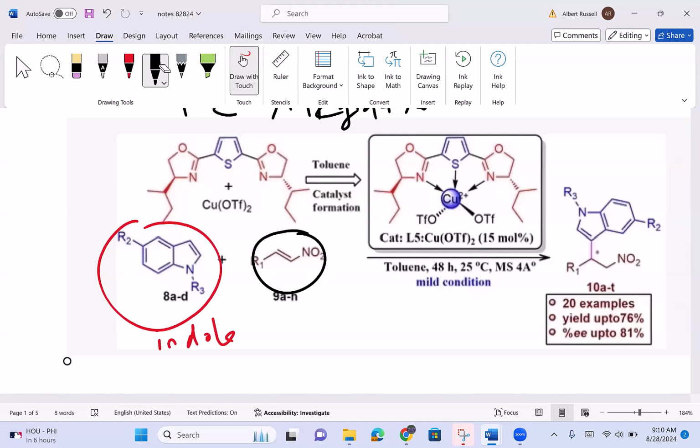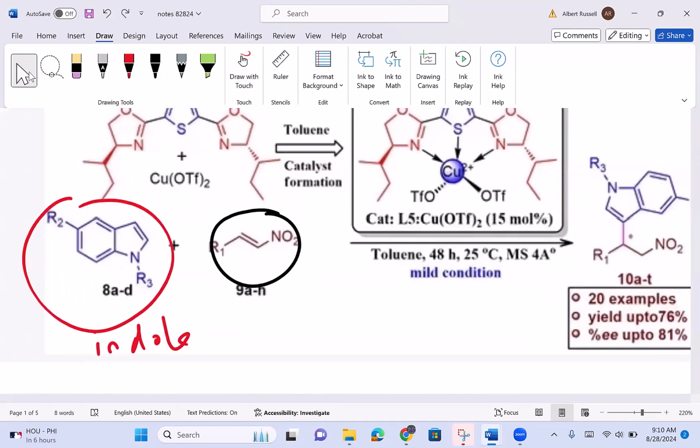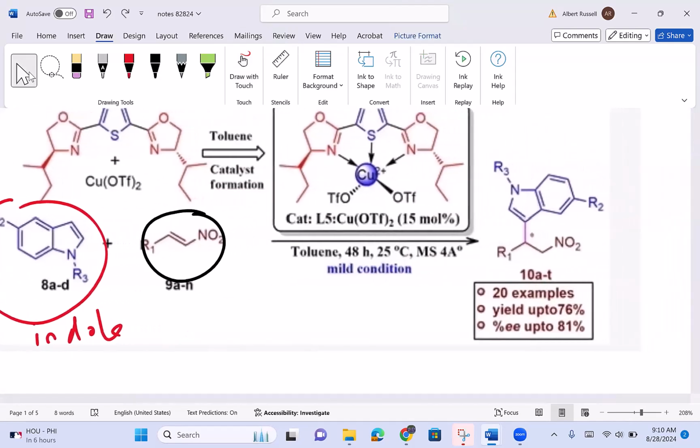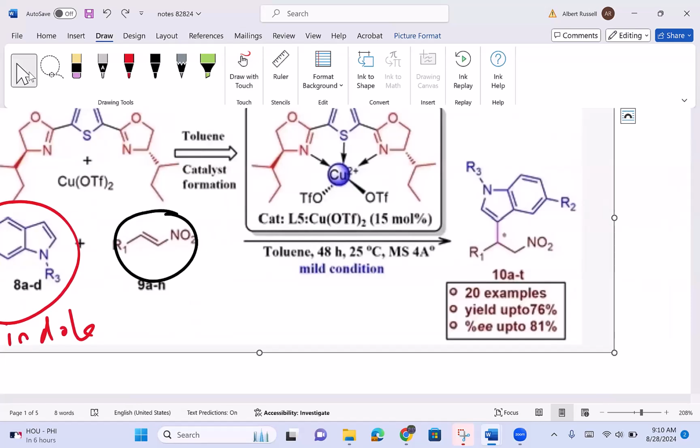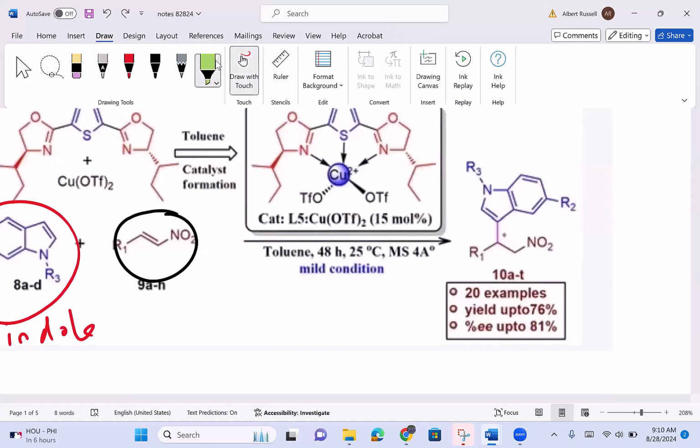What I want to point out is the product. In the product I want to introduce you to a couple of other topics as well. Right here, notice that now you've set a chiral center here. That's a chiral center.